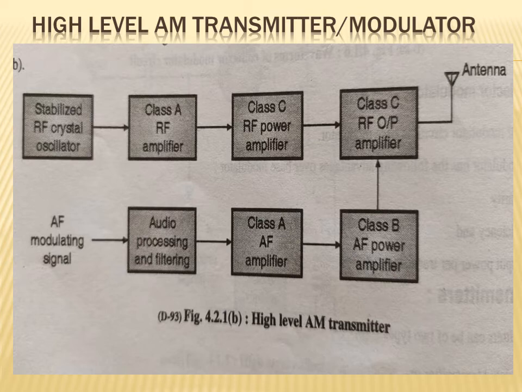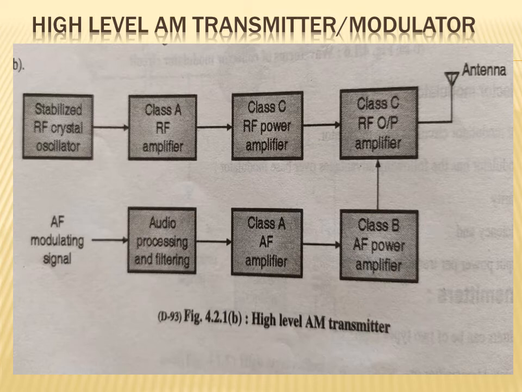In this high level AM transmitter we use a stabilized RF crystal oscillator, class A RF amplifier, class C RF power amplifier, class C RF output amplifier. Next, audio processing and filtering, class A AF amplifier, class B AF power amplifier.